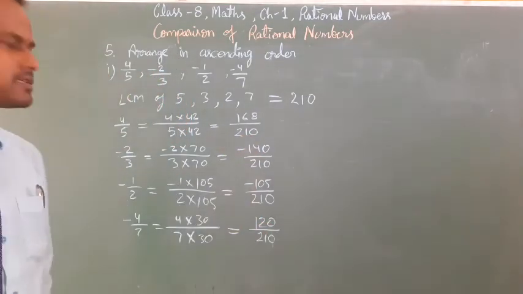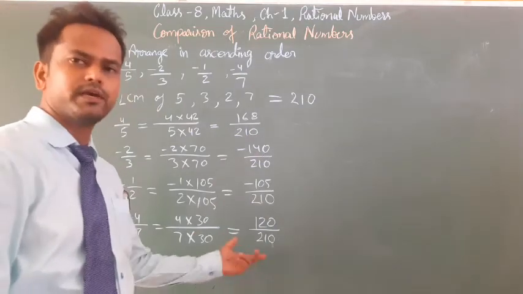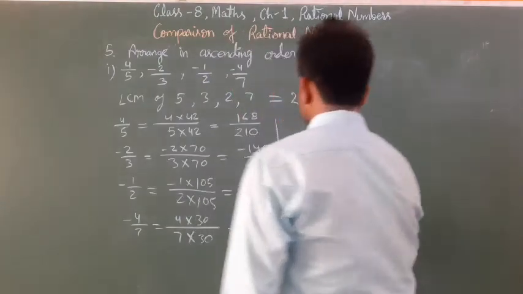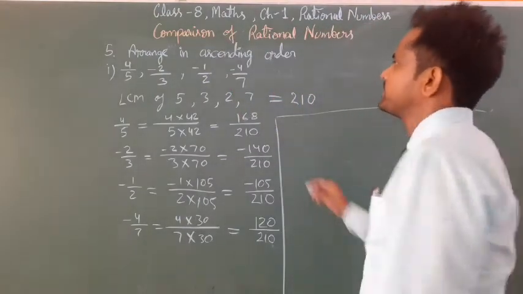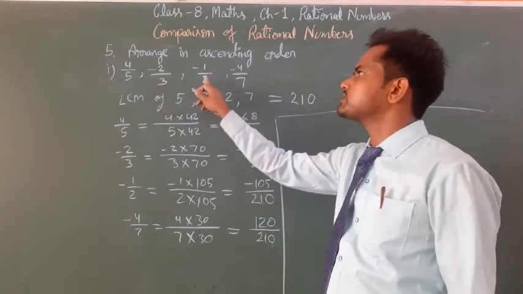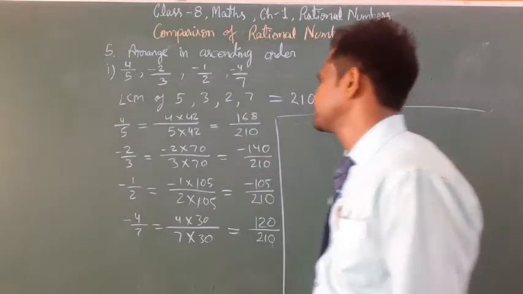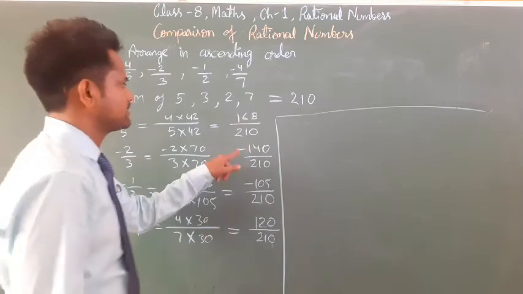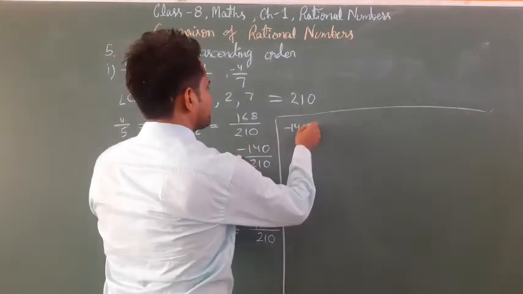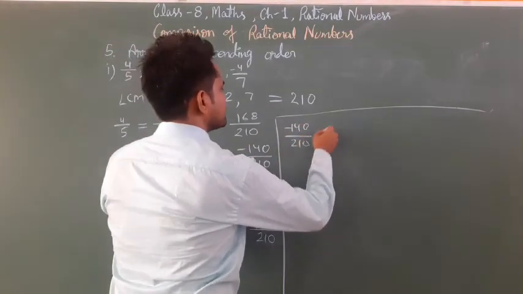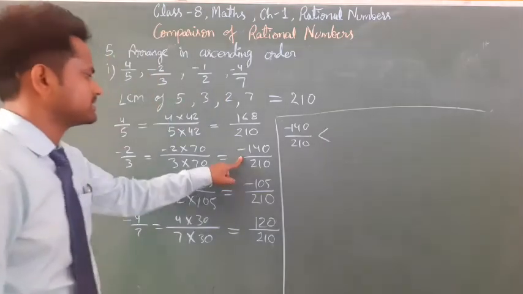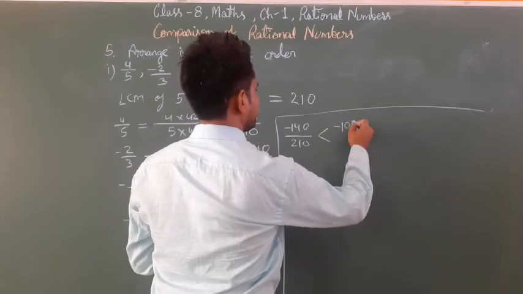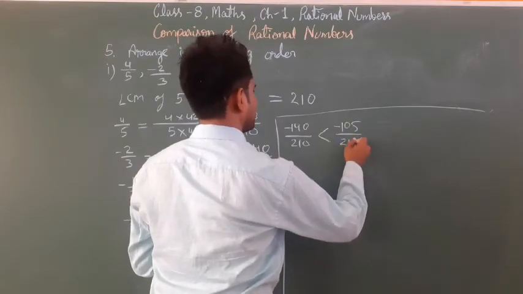Here the denominators are the same, so compare. It means we have to arrange all the rational numbers in ascending order. Then which one is smallest? Minus 140 upon 210 is smallest. After this, minus 105 upon 210.